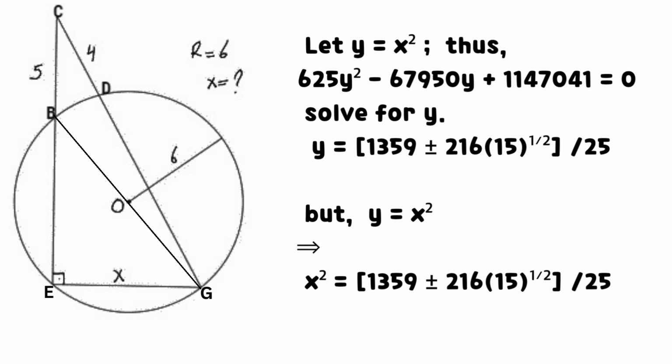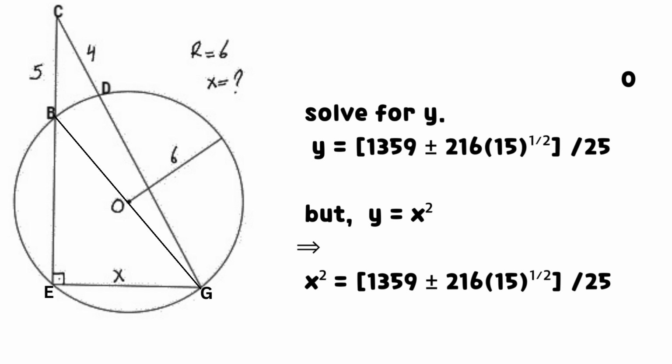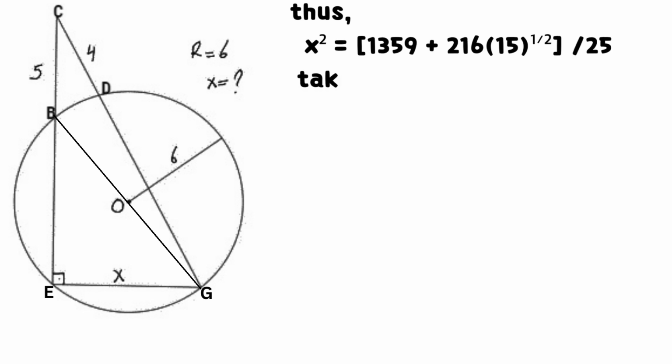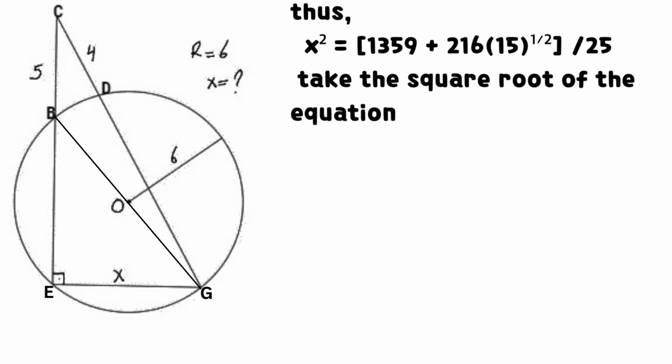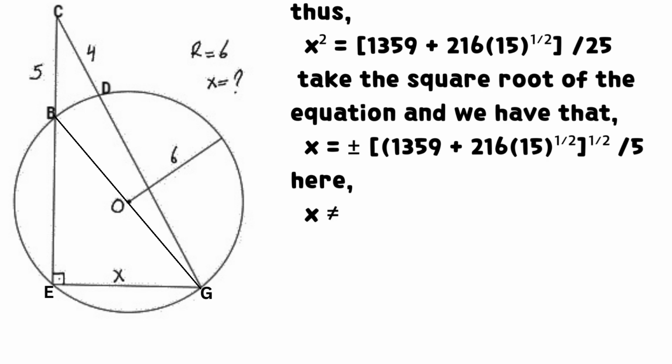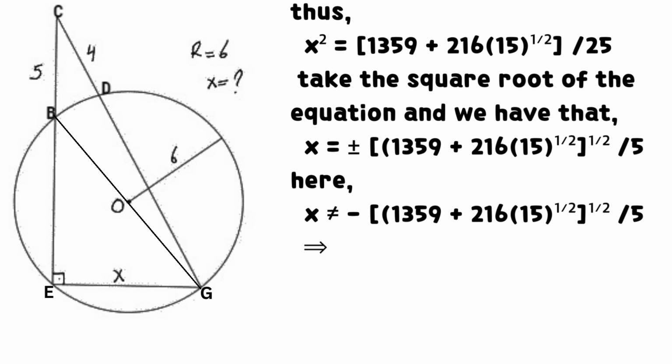Then recall that y equals the square of x. Back substitute the square of x in place of y as shown on the screen. Take the square root of the equation and we have that x equals plus or minus the square root of the sum of 1359 and the product of 216 and the square root of 15, all divided by 5.